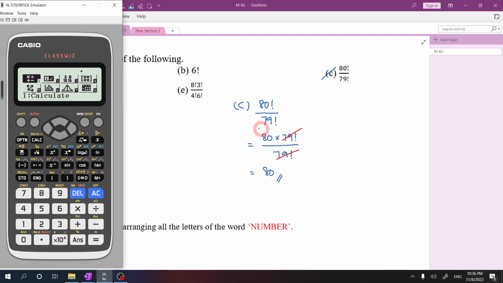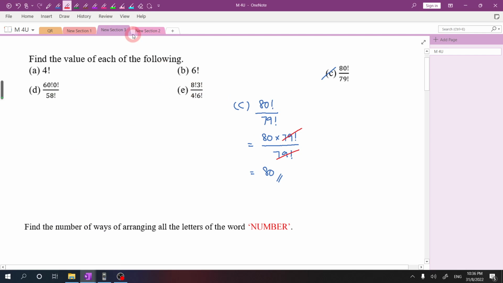Okay, since the calculator cannot show the answer, let me change the number to become smaller so that I can use the calculator to show you the answer. Let's say 8 factorial divided by 7 factorial. Try to calculate.